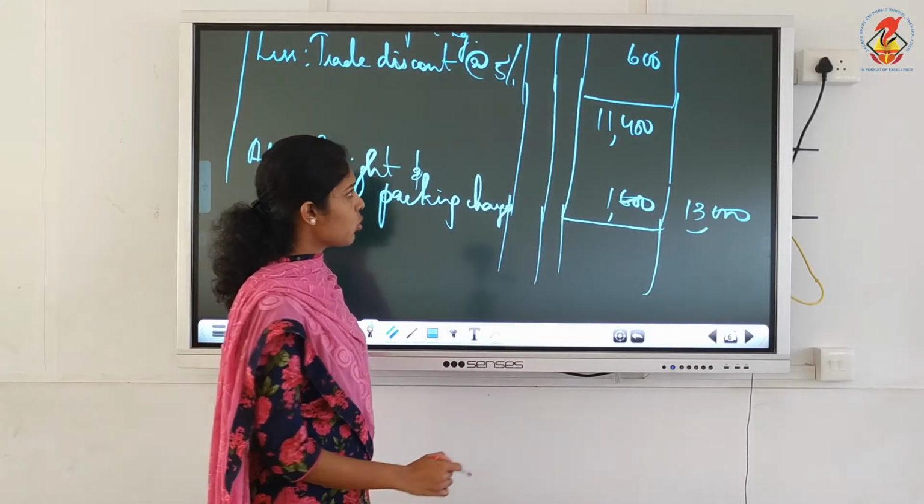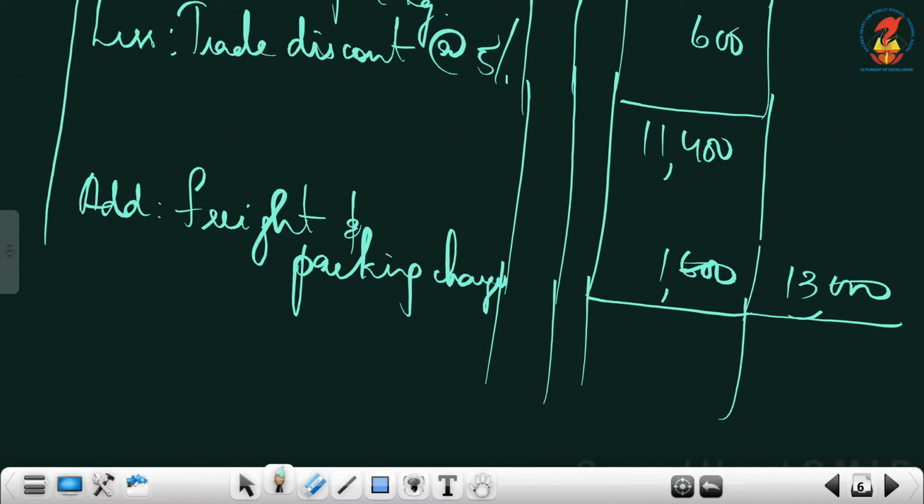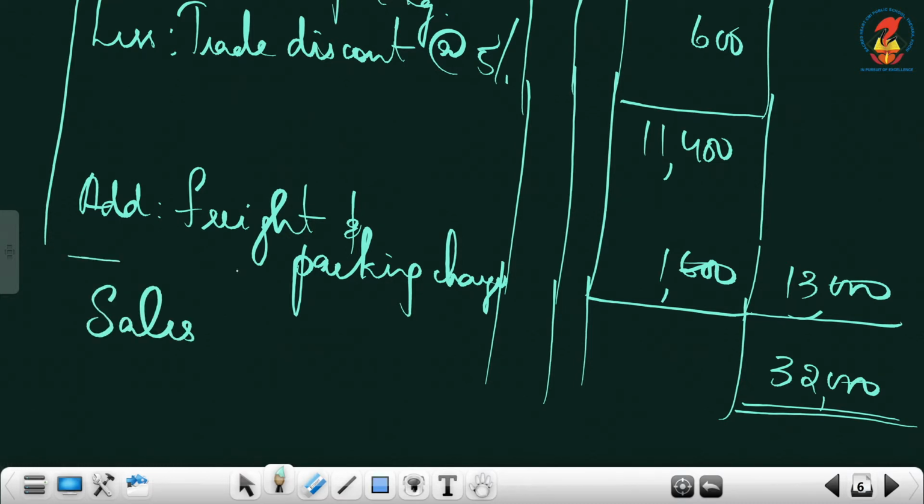Now the question is over, just add your amount column, all the figures you have written in the amount column. So you will get the total of amount column as 32,000. Yeah, that is 14,250, 4,750 and 13,000. Then in particulars column you can write this is the total of sales.